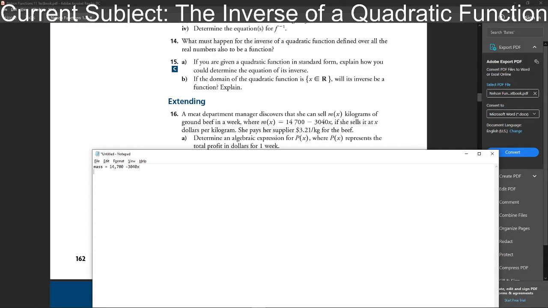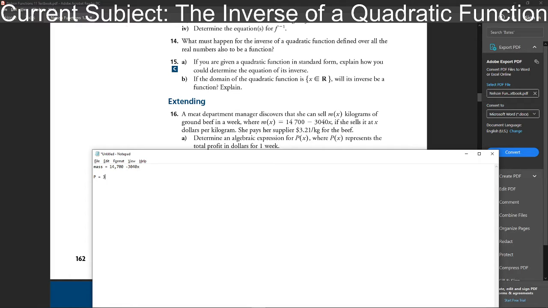She pays her supplier for, price is equal to what? 14,700 minus 3040x. She sells at x dollars per kilogram. She pays her suppliers $3.21 per kilogram.